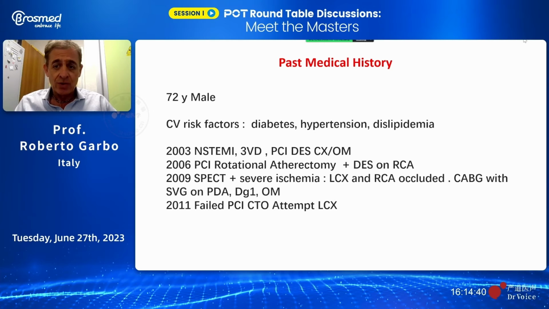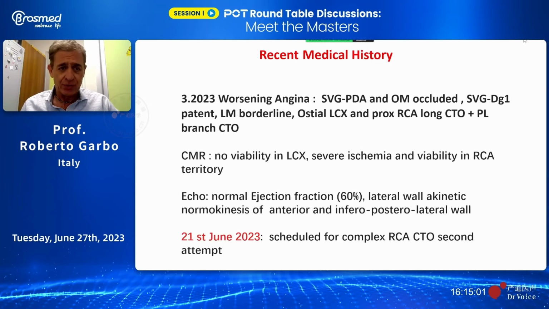So coronary artery bypass with 3 saphenous vein grafts on the PDA, first diagonal, and OM. Then in 2011, there was a new angio that showed failure of the graft and a failed PCI CTO on the circ.